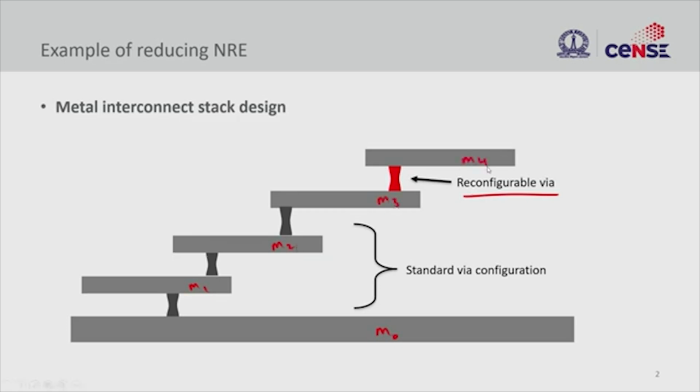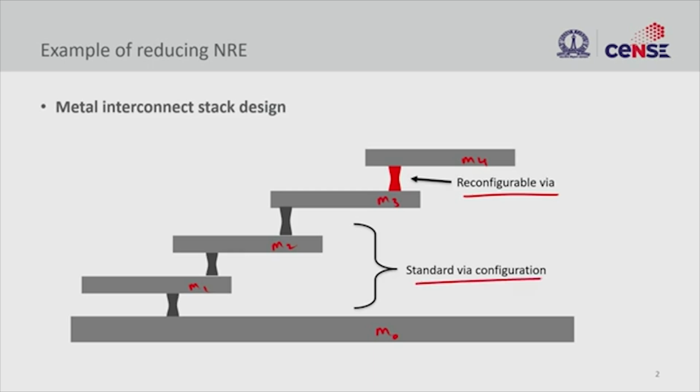These metal layers are connected through the via. So this is also a metal via, and if you want to reduce your cost in designing and fabricating these multiple device and circuit architectures, you keep some standard via configuration. In this case 1, 2, 3.